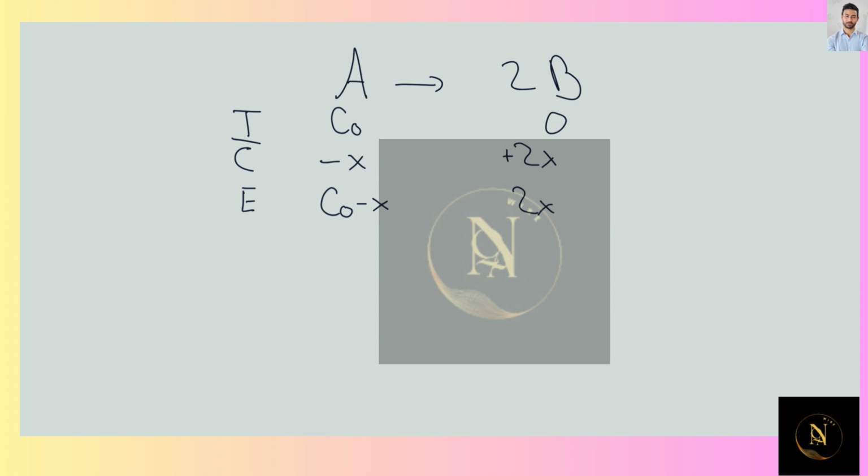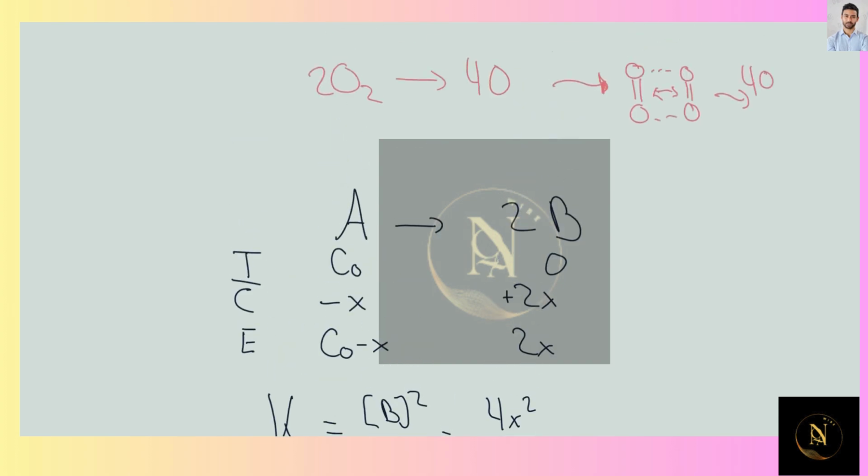And the initial value for concentration really doesn't matter, because whenever we write down our equilibrium constant, this is going to be concentration of B squared divided by concentration of A, which in this case would be 4x squared divided by C0 minus x, right? And that value for the equilibrium constant is going to tell us how much of x is going to be produced, how much of the product will be generated according to that constant.